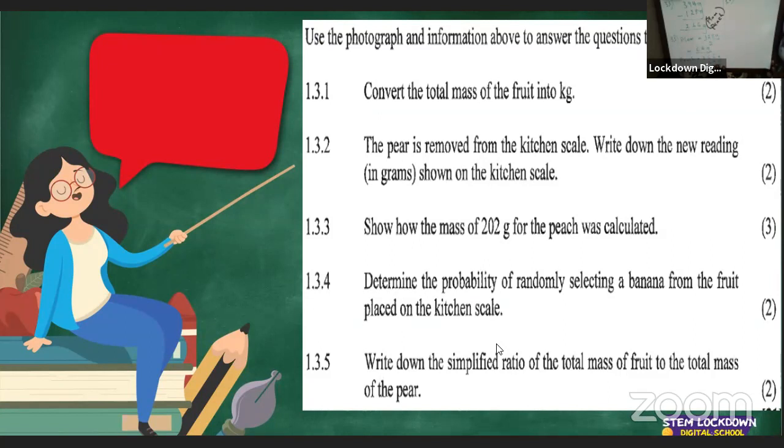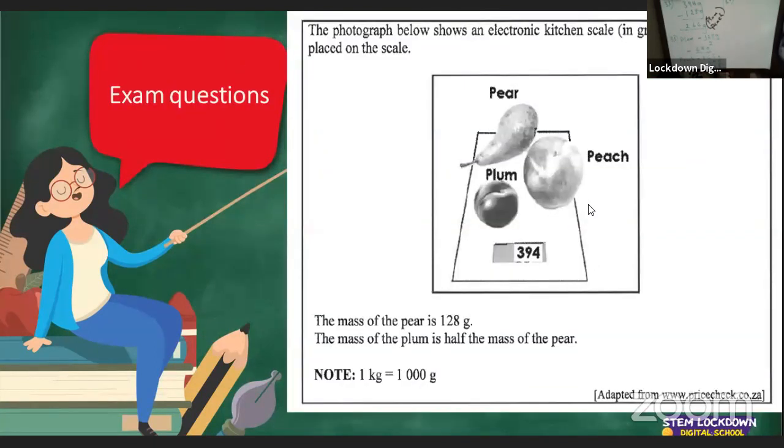It says, determine the probability of randomly selecting a banana from the fruit placed on the kitchen scale. As you can see, guys, I see no bananas there.